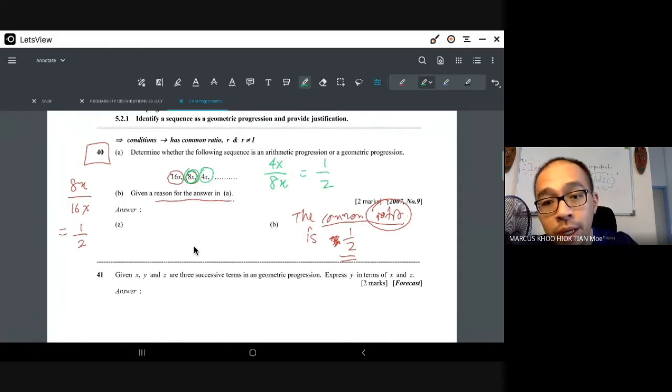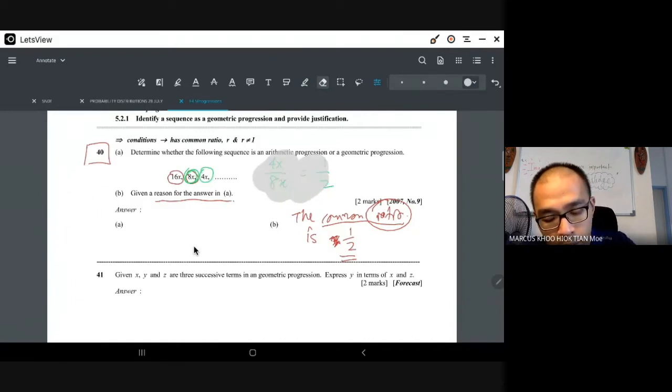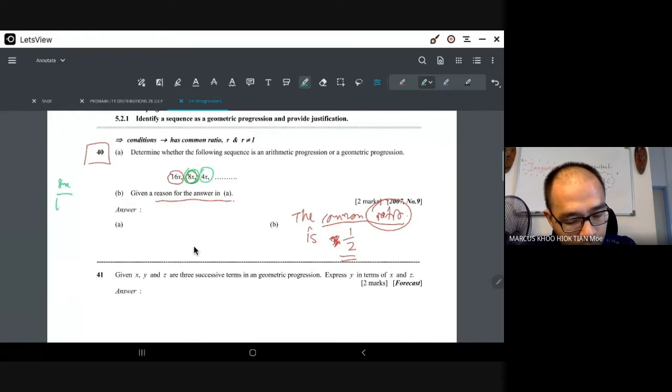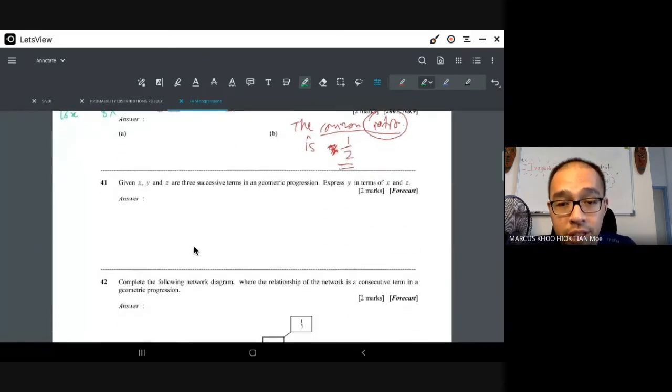And it is always the same. So let's say I want to make a relationship. This means that 8x over 16x equals 4x over 8x. Right? Geometric progression. So that's how we will answer question number 41.